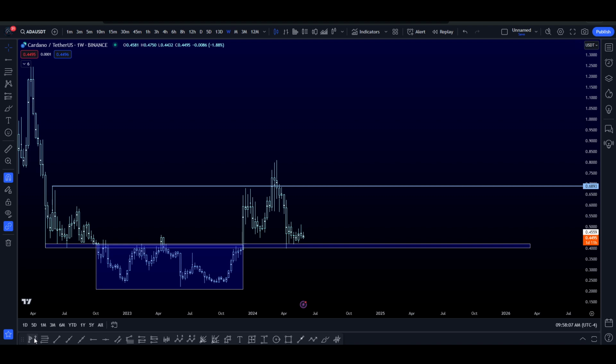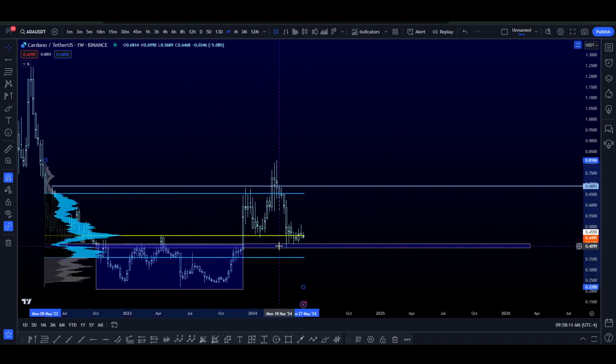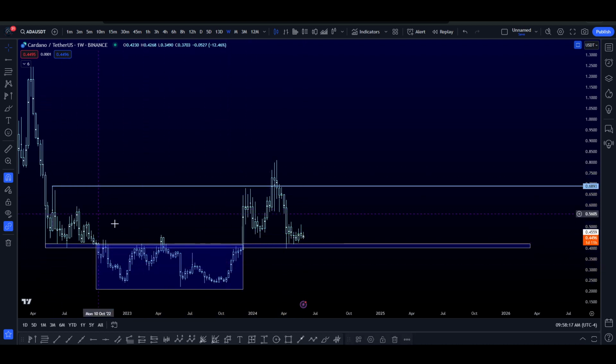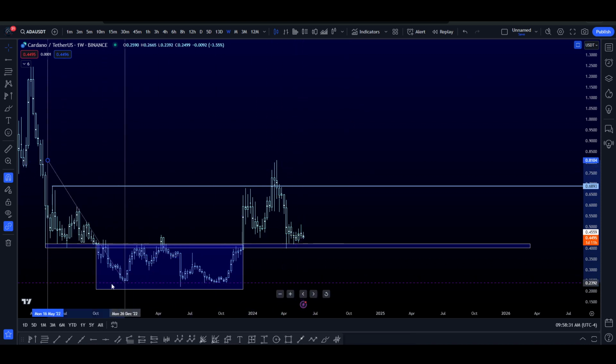Obviously I can go ahead and pull some fixed range volume profiles just to see overall where the highest volume has been traded. Right now we are at the point of control. Let's go ahead and put this right here. So if we include the bottom range here, which you typically don't want to do, but if we include the bottom range, then the average low end would be at around 35 cents. But realistically speaking, let's go ahead and do it right here before the dump came.